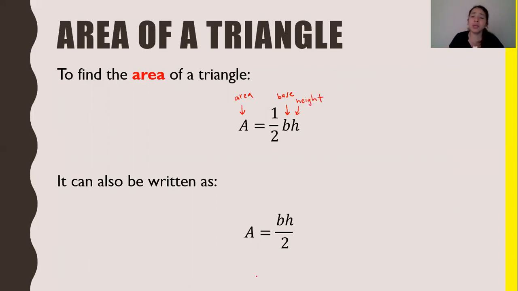Another way to write it, sometimes you might see it written like this, it means the same thing: area is equal to base times height divided by 2.